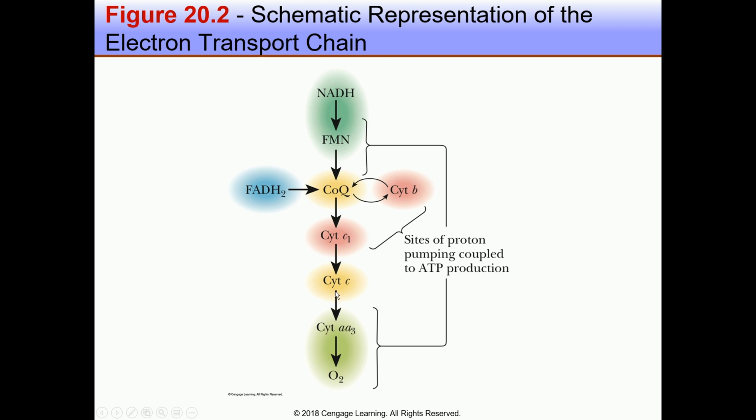We are going to discuss all of them in detail, and these electrons flow through these protein complexes, and then eventually these electrons reach oxygen. When they reach oxygen, these electrons are low energy electrons because the energy is already used to create the proton gradient. When oxygen accepts these low energy electrons, oxygen gets reduced and forms water.